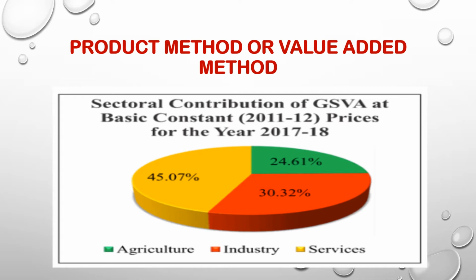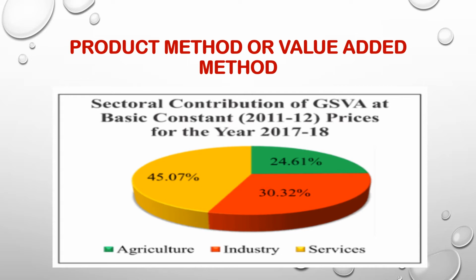Here we can see the share of GDP of three sectors. If we add these three sectors, all production of the three sectors, the final goods and services, we can get the total production of India.